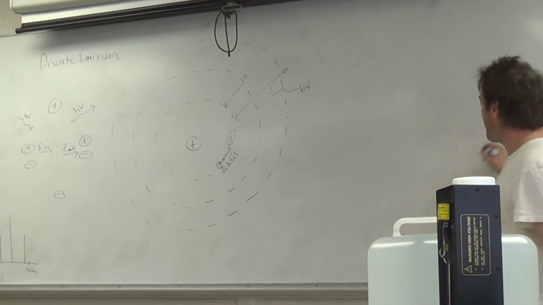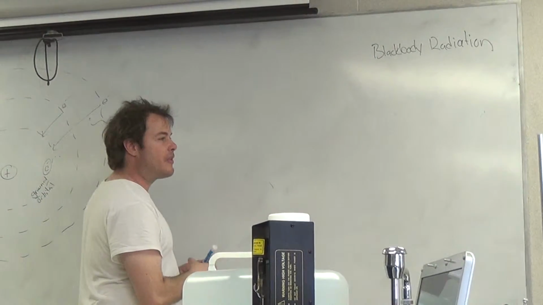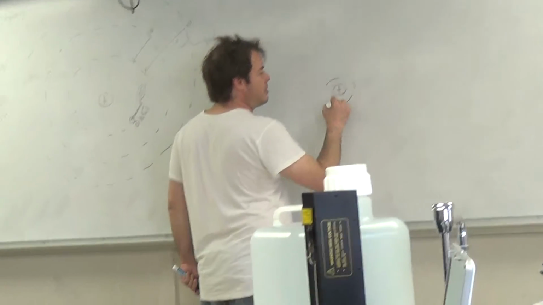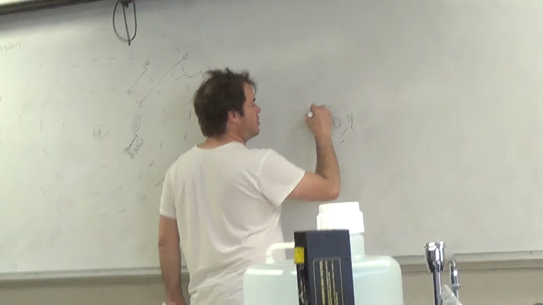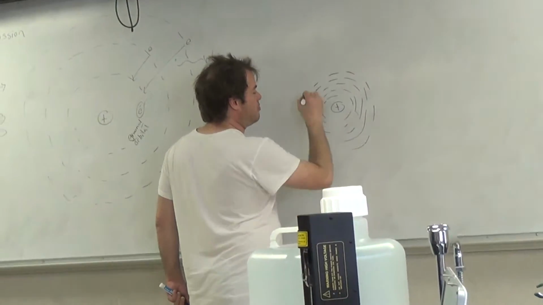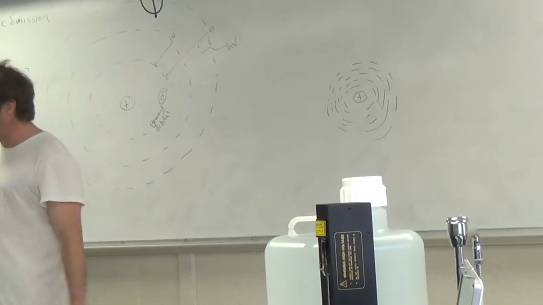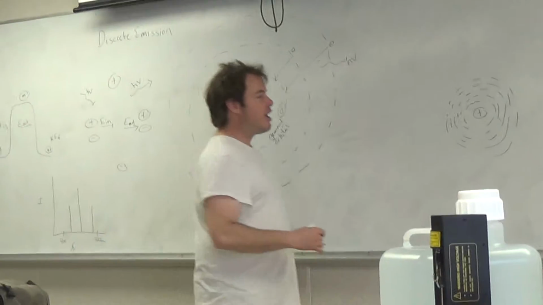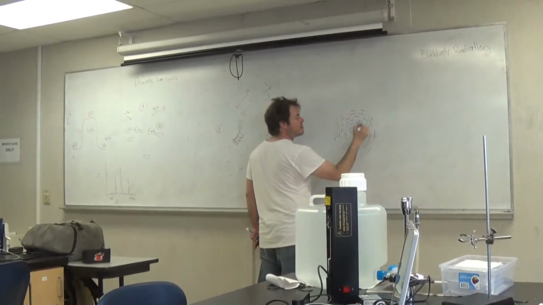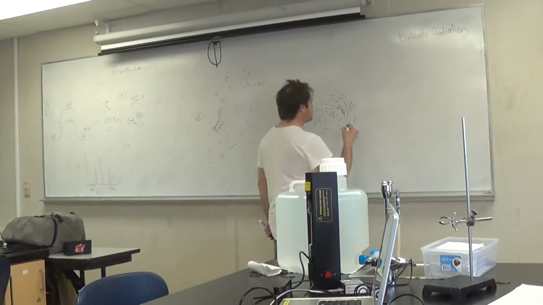In a black body, I guess the best way to draw this, in a black body, the differences in energies between the orbitals, the absolute magnitude of the distance between those energies in those orbitals is smaller, and so you'll get many transitions from different excited states to different ground states.